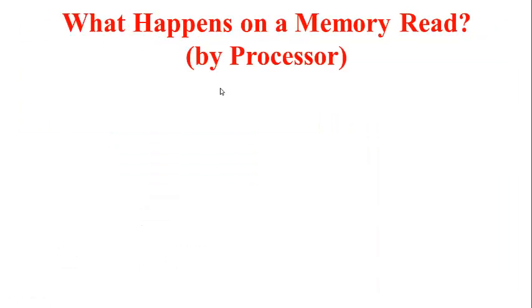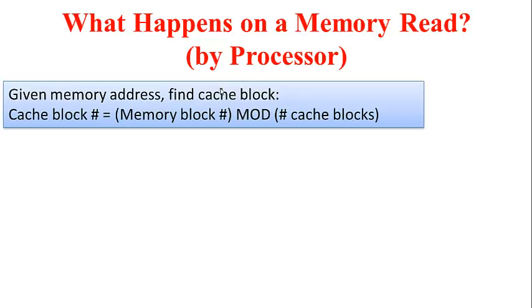In this cache design, let us now see what exactly happens on a memory read by the processor. The first thing done is, given the memory address which the processor is trying to access, we will find the corresponding cache block using the algebra given earlier. That is, cache block number is nothing but the memory block number modulo the number of blocks in the cache.